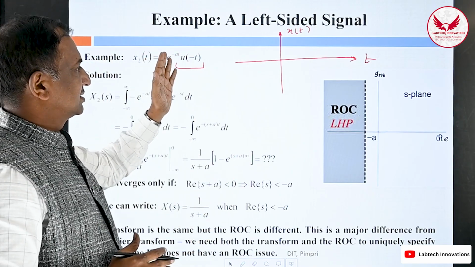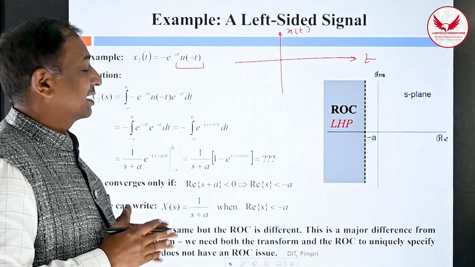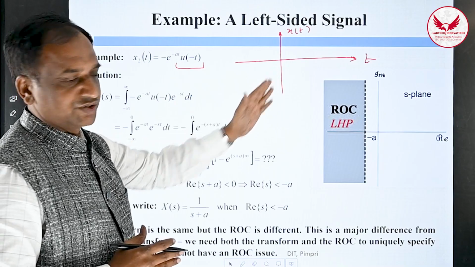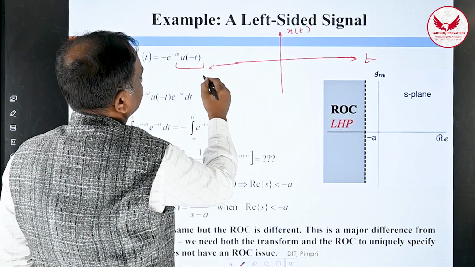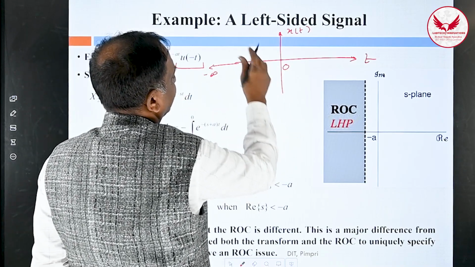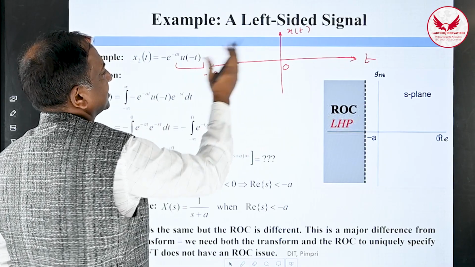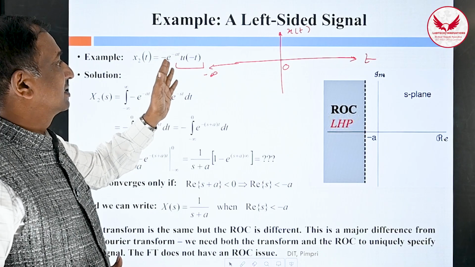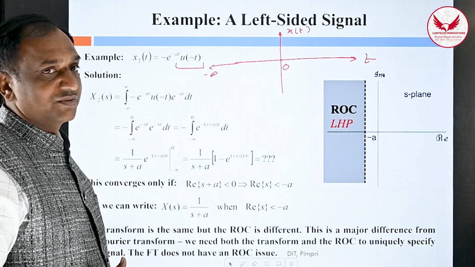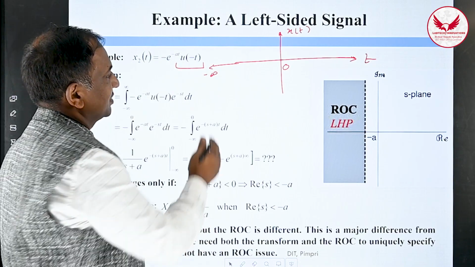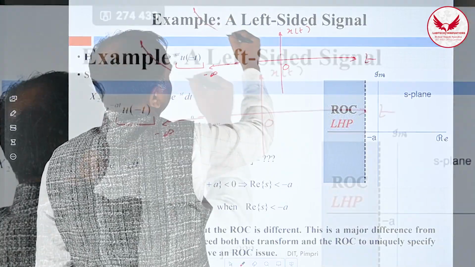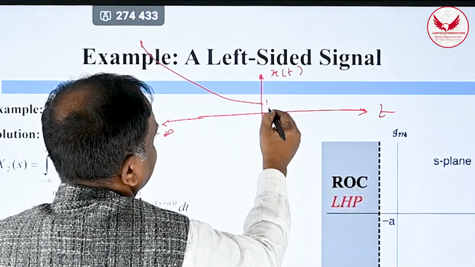e raised to minus at means it is a decaying exponential signal which is present from minus infinity to 0. So this part is minus infinity, here is 0, the signal is present from minus infinity to 0, and e raised to minus at means it is a decaying signal. For time t equal to 0, the value of the signal is 1. Decaying means the signal is decaying from minus infinity to 0, so this signal will become like this.